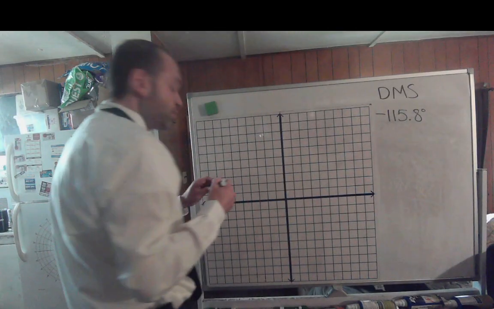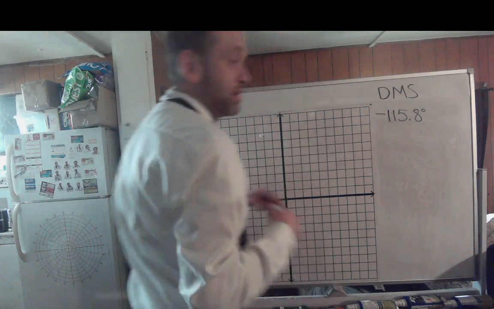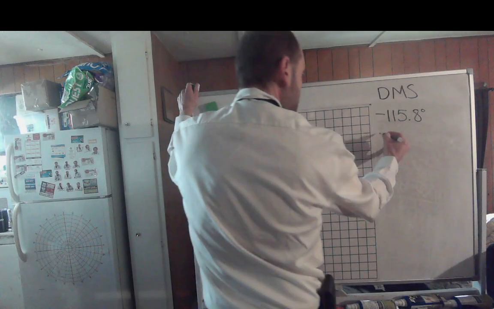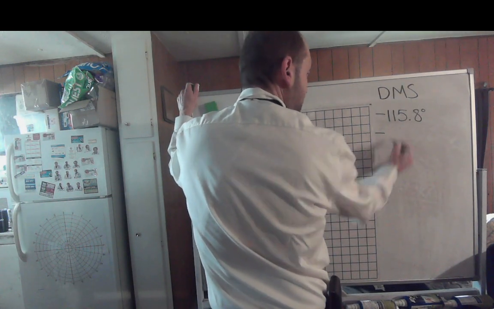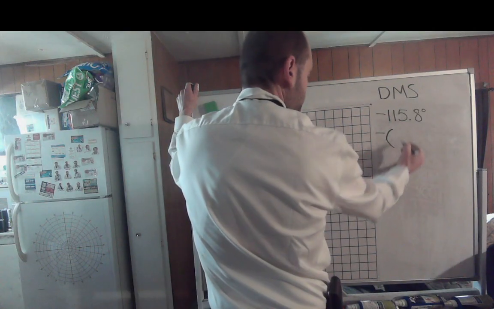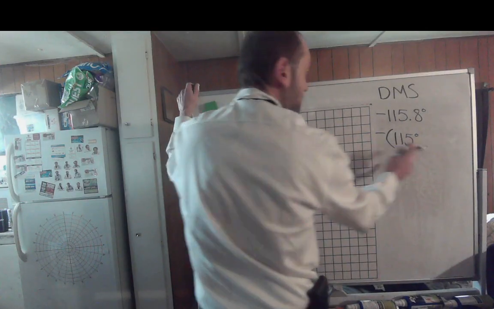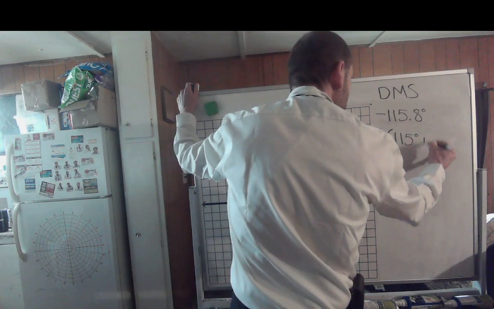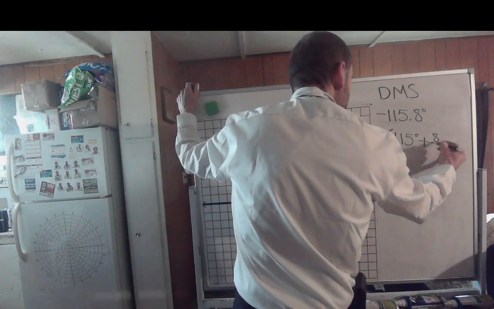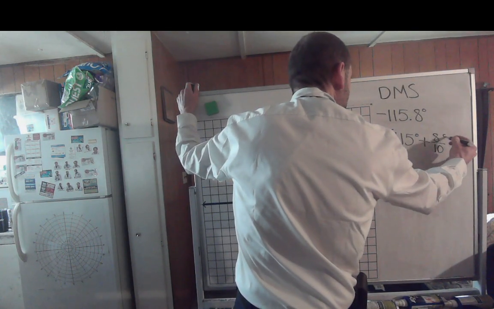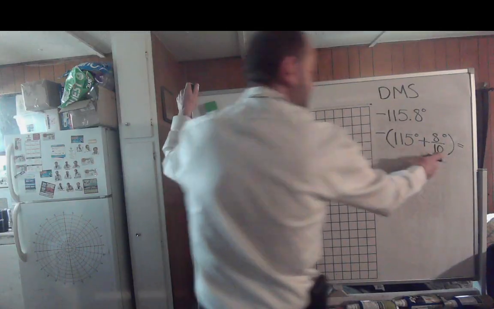Alright, now you have negative 115.8 degrees. How are we going to convert that into degrees, minutes, and seconds? Well, put a negative sign outside of the parentheses you're about to create. That 115.8 degrees, that's the same as 115 degrees plus 8/10 of a degree, which that 8/10, we need to convert into a denominator of 60.